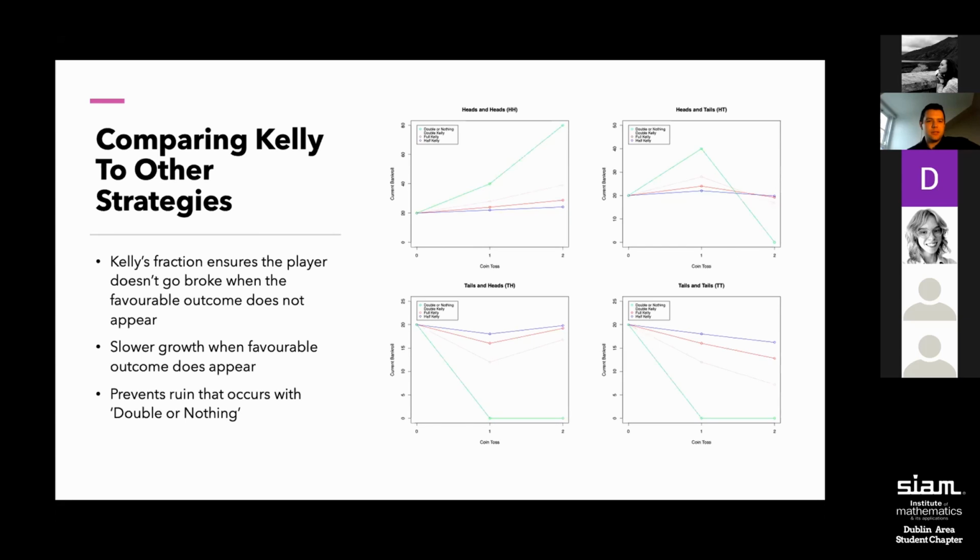But as you can see in the other 3 plots, as soon as tails appears, the double or nothing strategy causes the player to go broke. Whereas Kelly's 3 fractions, which are double Kelly, full Kelly and half Kelly, ensure that even when tails appears twice, the player's bankroll still doesn't go to zero.